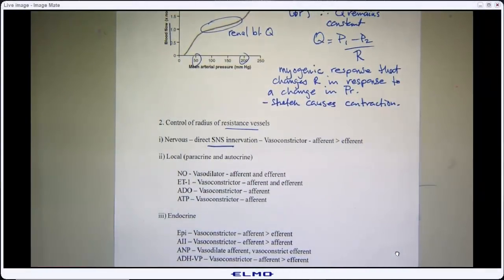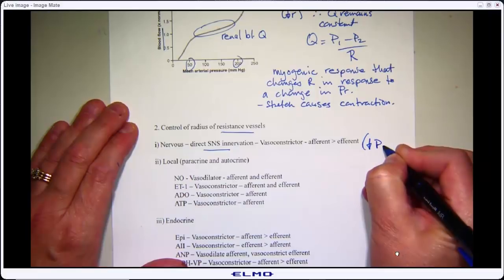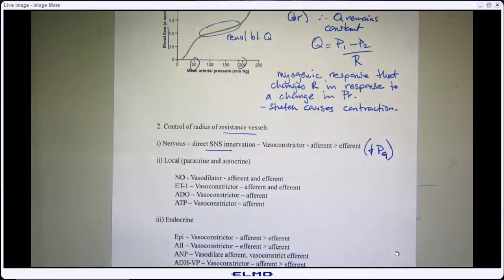Vasoconstriction of afferent over efferents, right? We're going to have more volume constrained into, as opposed to the volume out of. If I have less volume in, I have less pressure in. That's kind of a common argument that we've been playing with a lot. So that maneuver will result in a drop in pressure in the glomerulus.